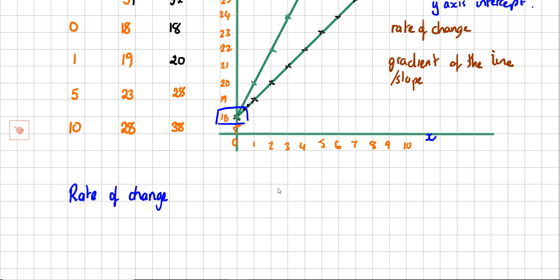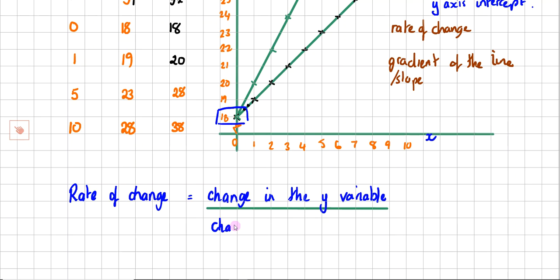The rate of change is found by doing the change in the y variable, okay, divided by the change in the x variable, okay, also known as y2 minus y1 divided by x2 minus x1. Okay? Does that make sense?